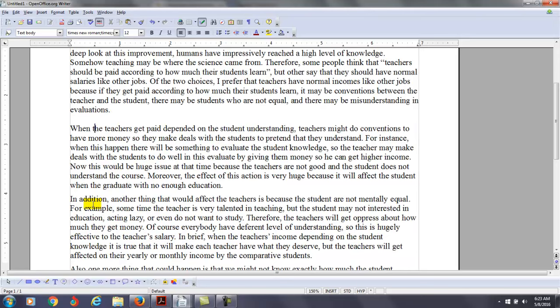When the teachers get paid, I would use active meaning here, depending on, need apostrophe S here, students' understanding.